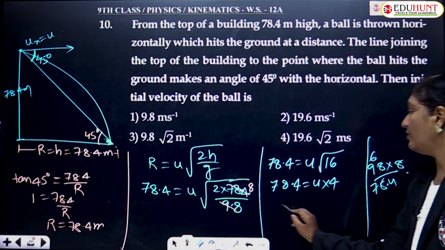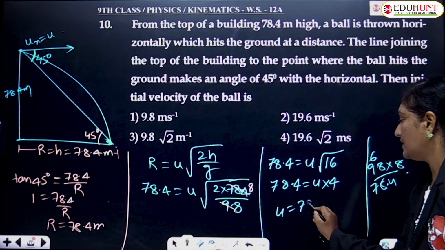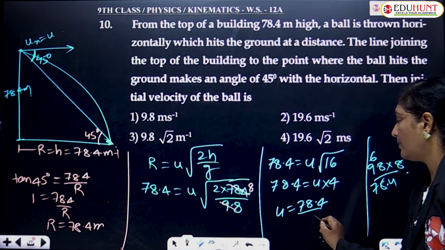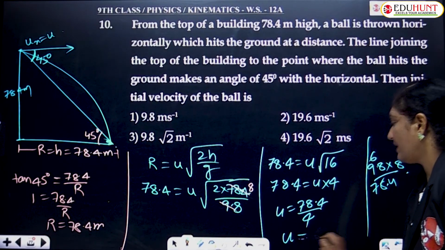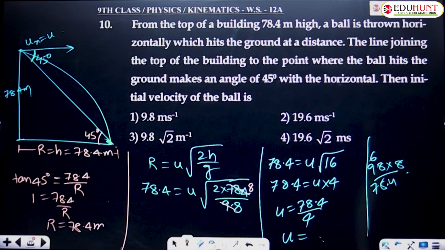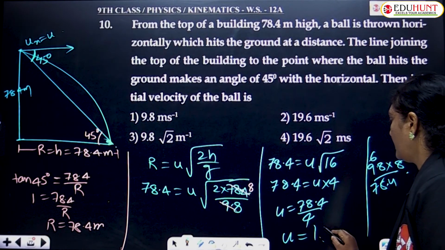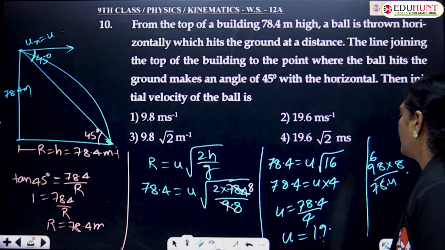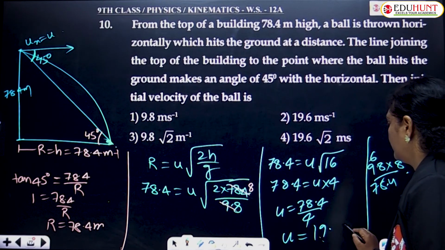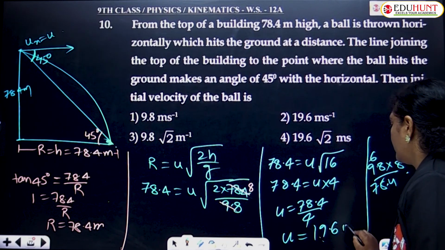Hence the value of u is found to be 78.4 upon 4. And this value is nothing but 4 ones 4, 9 4s 36, 6 4s 24.